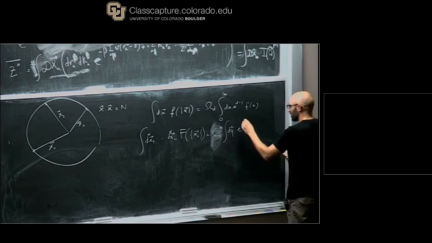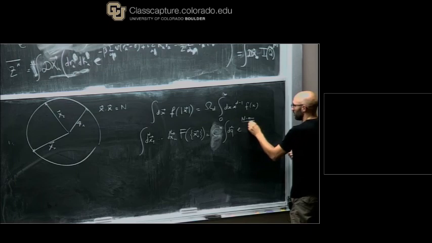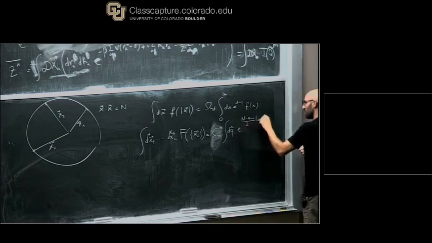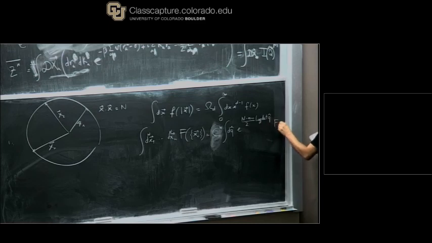The Jacobian is just the exponential of n minus 1 over 2 times the log of the determinant of Q, and then here you have f of Q.